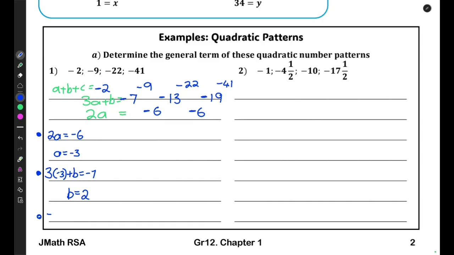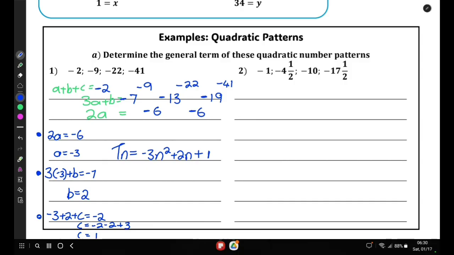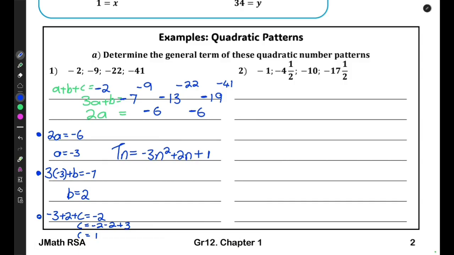So I'm going to say -3 plus 2 plus c equals -2. If I take everything over, it looks like c is going to be -2 minus 2 plus 3, and that says c is equal to 1. And now I can just rewrite the formula as Tn is equal to -3n squared plus 2n plus 1. And there we go. That is the general term of this quadratic pattern.